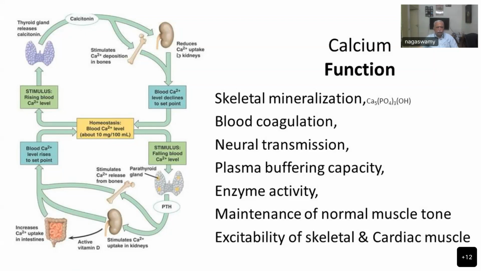And opposite to that, not allowing much calcium to get excreted by the kidney, it is reabsorbed, and through activating vitamin D, it enhances the absorption of calcium from the intestines.